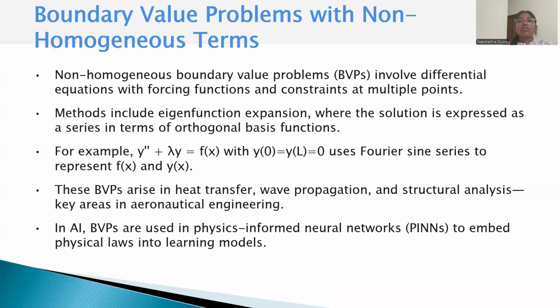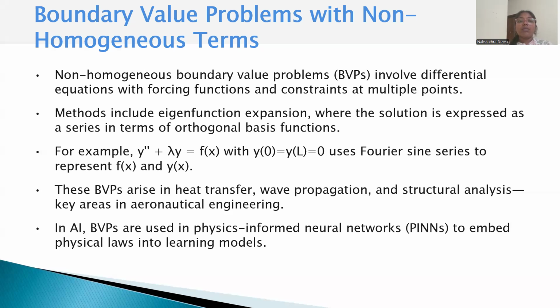Boundary value problems with non-homogeneous terms. Non-homogeneous boundary value problems, known as BVPs, involve differential equations with forcing functions and constraints at multiple points. Methods include eigenfunction expansion, where the solution is expressed as a series in terms of orthogonal basis functions.